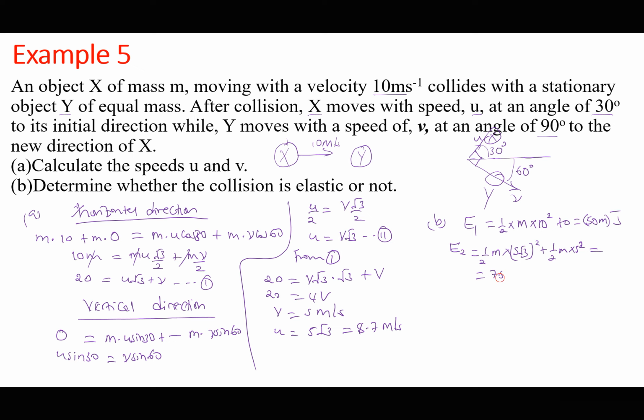So I have 75m over 2 plus 25m over 2, which is 100m over 2, which is the same as 50m joules. So this is 50m joules and this is 50m joules.